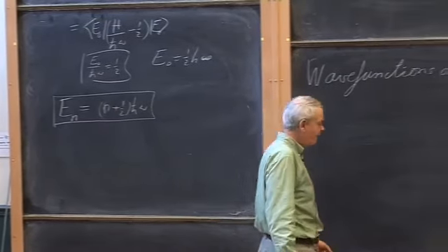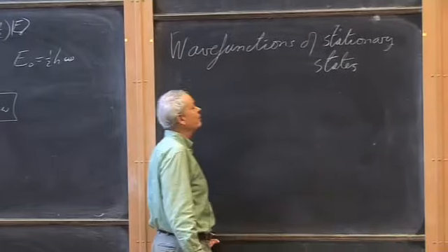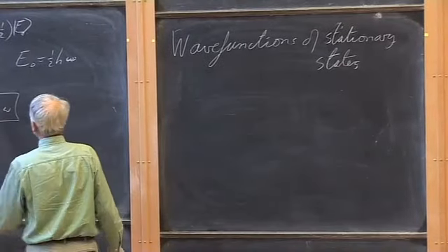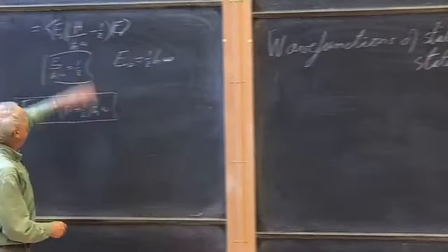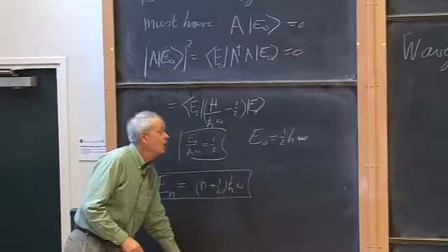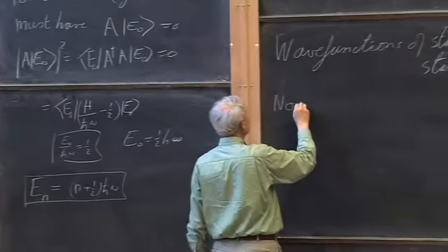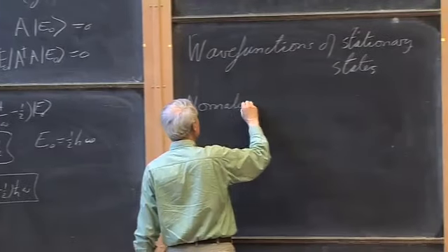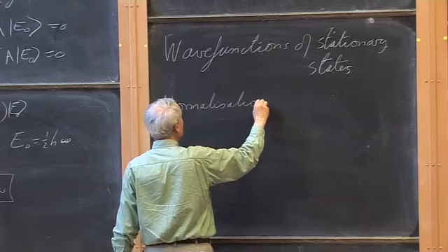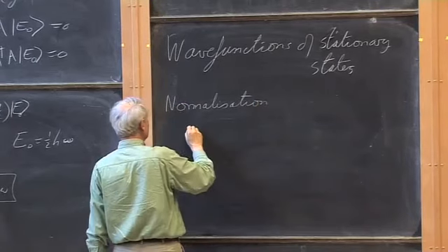Actually, before I do that, it's probably good to generalize this calculation here. So let's just talk about normalization as a sort of preliminary. I think it's better to do this now. Normalization.